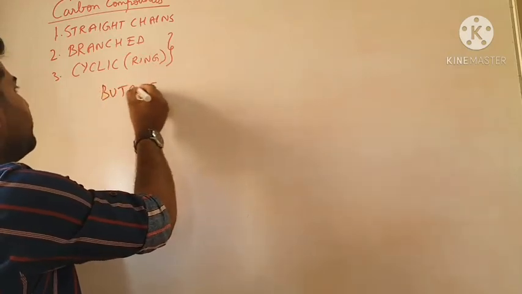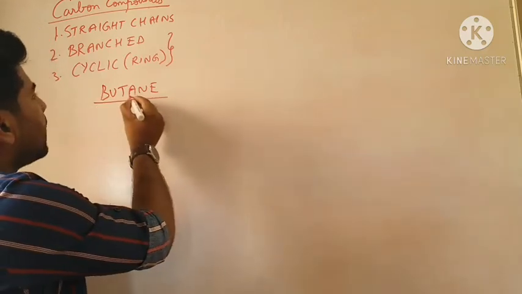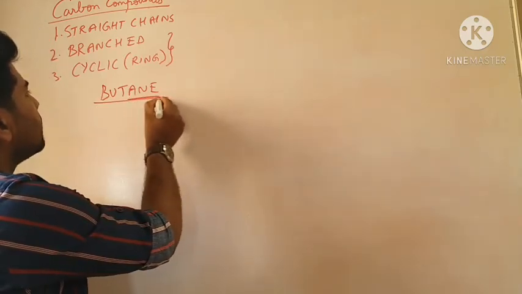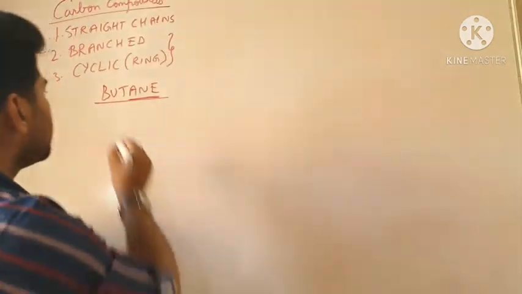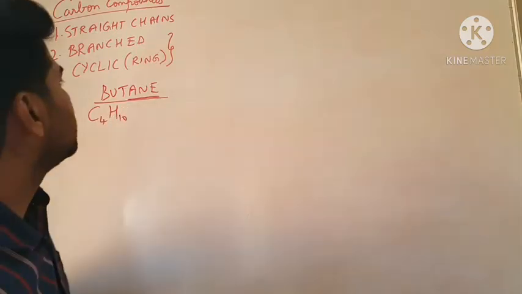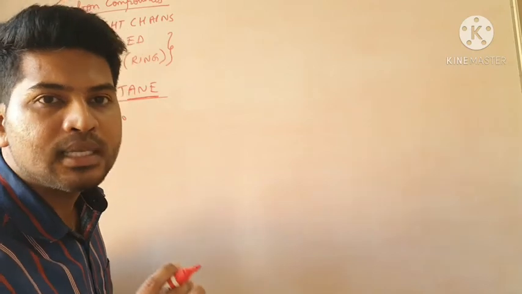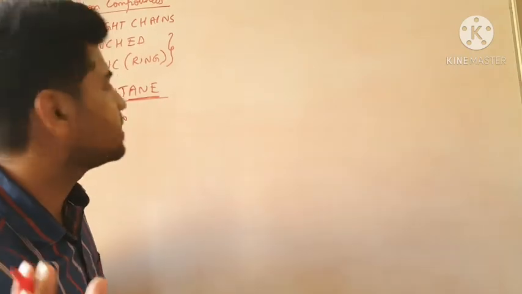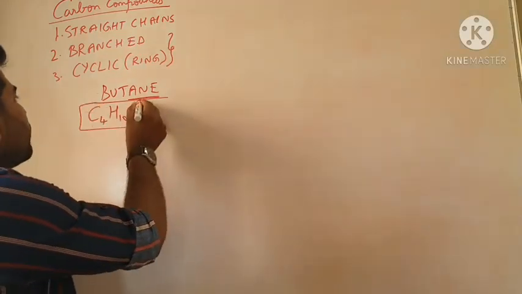Butane is an alkane which contains but, meaning 4 carbons. So, the formula of butane will be C4H10, because the alkane general formula is CnH2n plus 2. This is the molecular formula of butane.